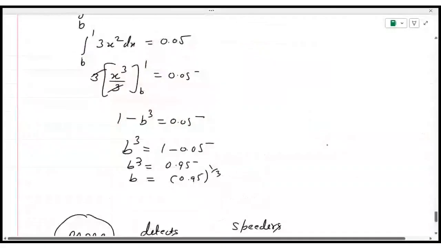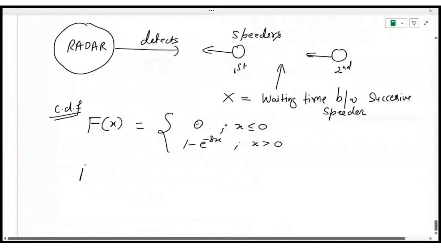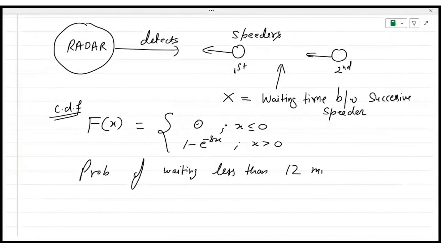So we have to find the probability of waiting less than 12 minutes. I want to draw your attention to this word, minutes. Why am I saying this?